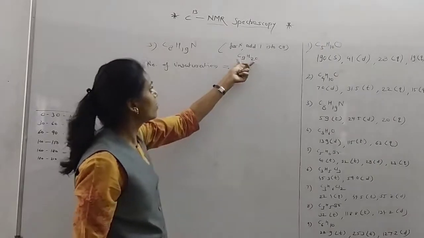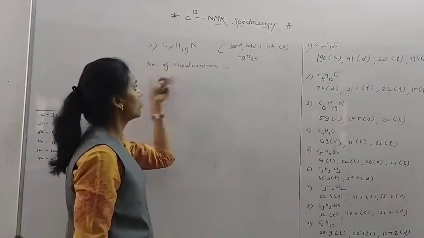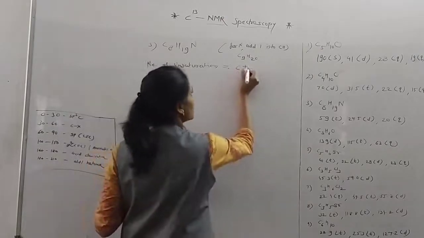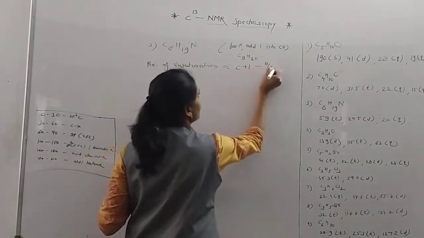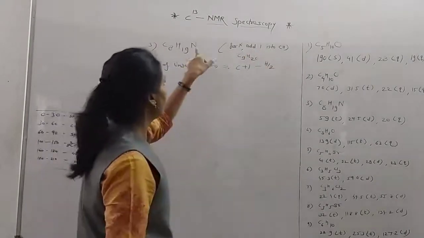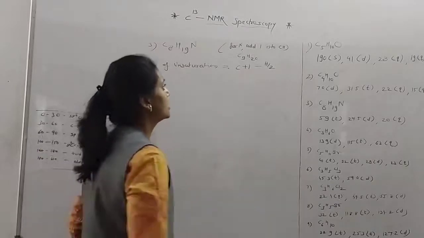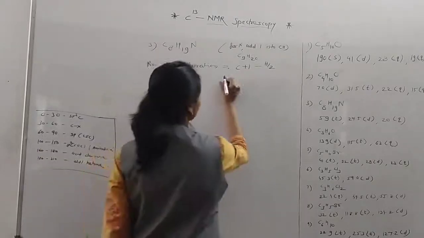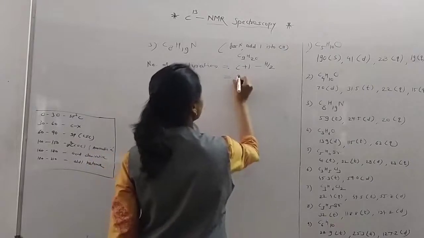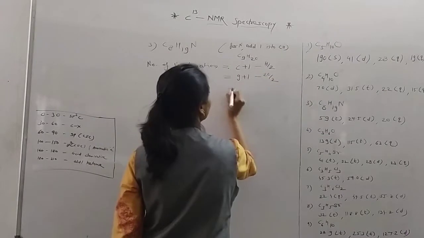Okay, now from this molecular formula we have to calculate the number of unsaturation. So C plus 1 minus H by 2. It's the most important thing. Always remember that when there is a nitrogen atom, add 1 to C and H. Now 9 plus 1 minus 20 by 2.